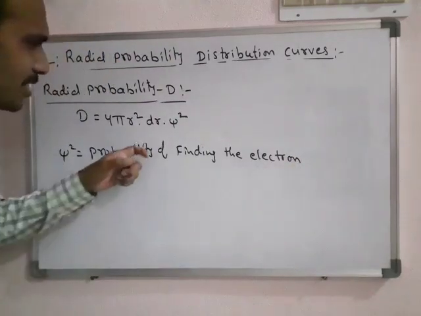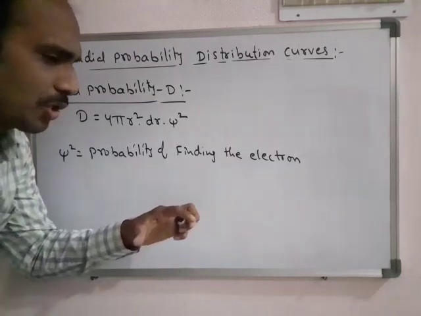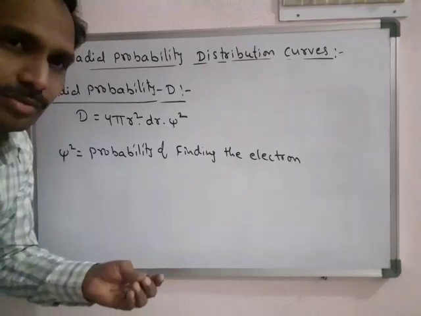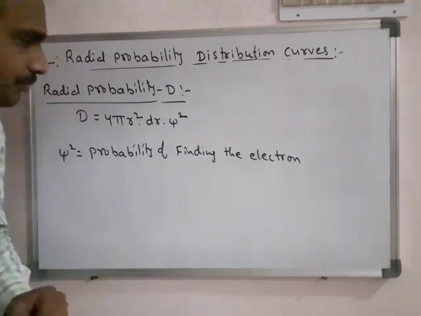Where psi square is maximum, the probability of finding the electron is maximum at that place. If psi square is equal to 0, there is no probability of finding the electron at that place.